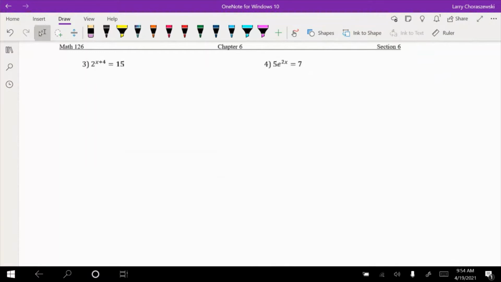So with problem 3, I want to make a note that x plus 4 is the exponent of 2. Okay, so that's going to be helpful for our technique. And we have 2 to the power of x plus 4 equals 15. My question for you is this. Is the exponential expression isolated?